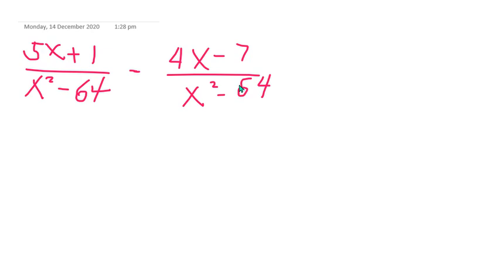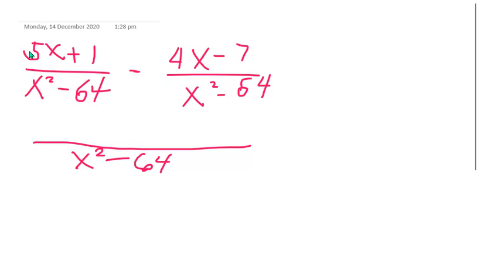So, since the denominator is the same, we are going to copy the denominator and subtract the numerator. So 5x, since this is subtraction, you're going to change the operation to addition.